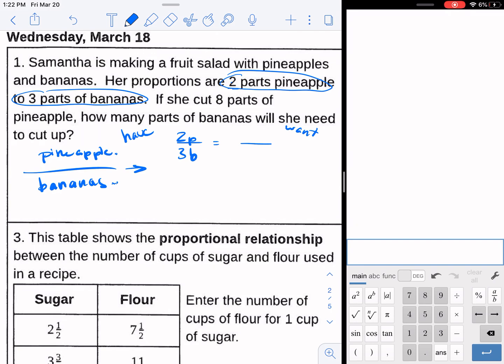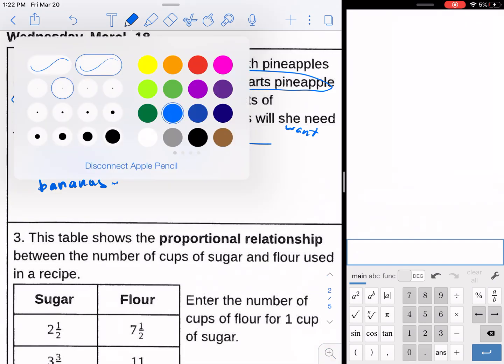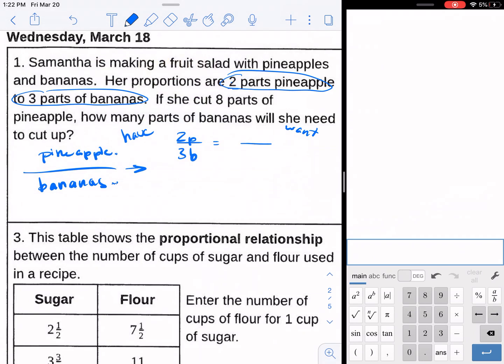And what we want, it says if she cut 8 parts of pineapple, so where is this number going to go? Is it going to go on the numerator or the denominator? Let me erase that. Since it's talking about pineapples, and pineapples goes on the numerator, it must be 8.